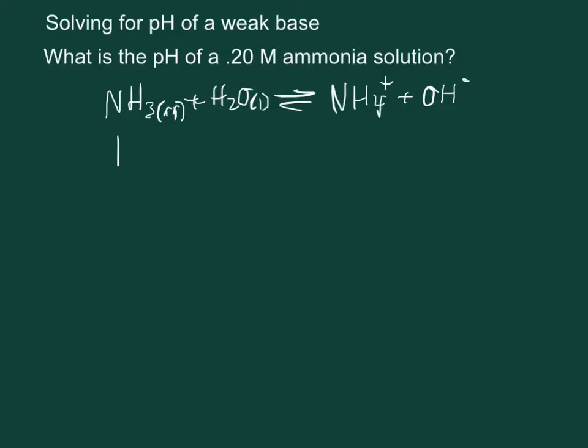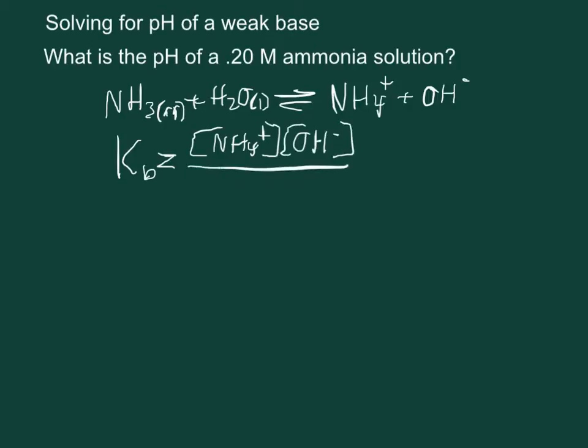If we were to write the K for this, because it's a base, it's a Kb, and that is going to be equal to the concentration of NH4+ times the concentration of OH- all over the concentration of NH3. Remember that since H2O is a pure liquid, it will just be 1.